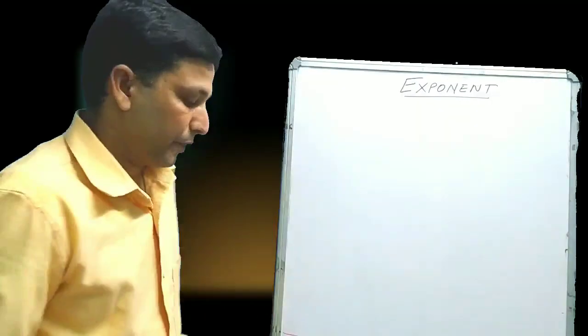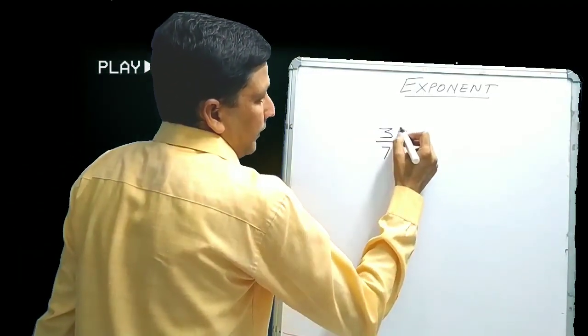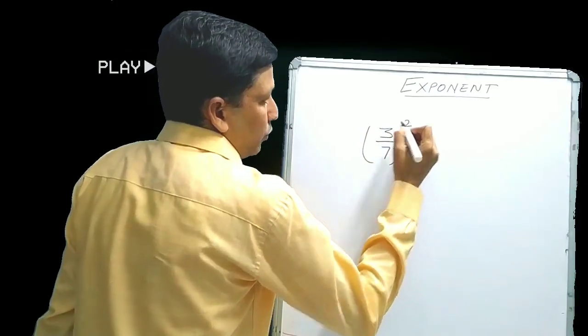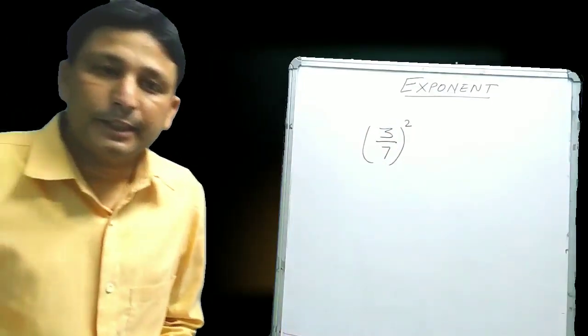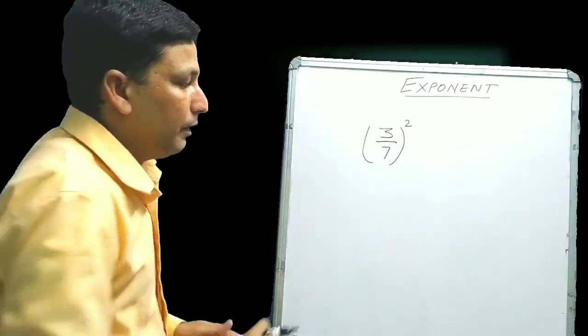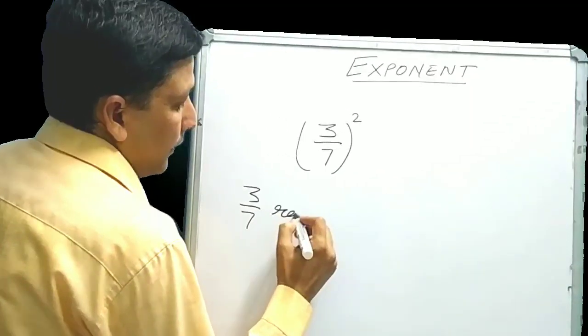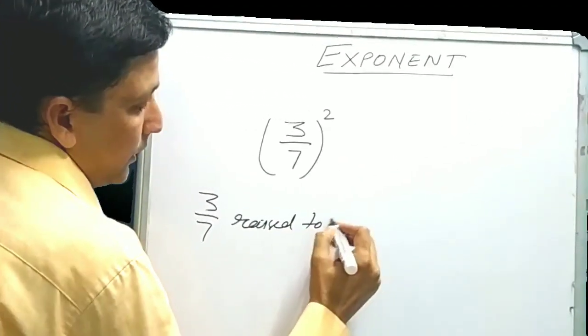Now look here. If I write 3 upon 7 and power is 2, how can you read this? We can read this as 3 upon 7 raised to the power 2.